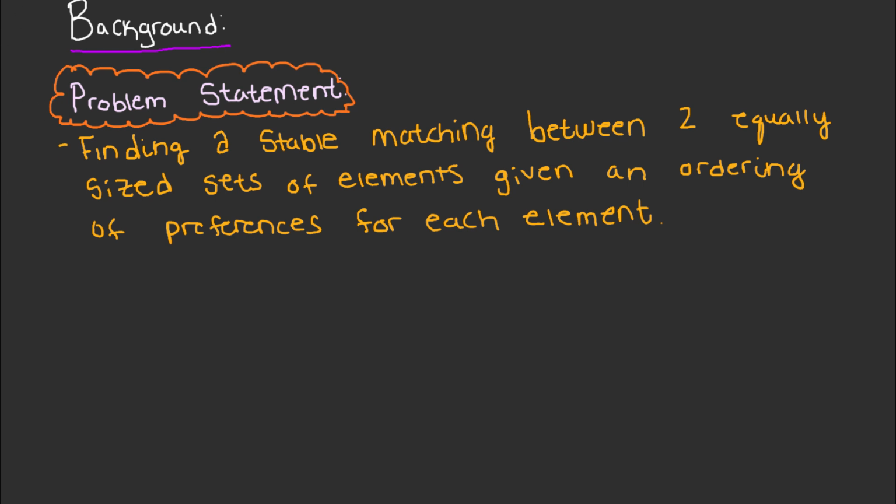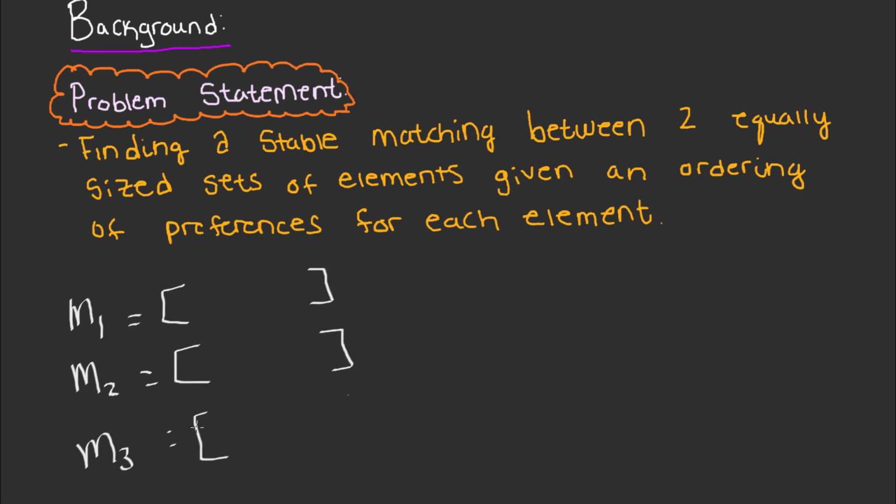So essentially, let's say we have some men: man 1, man 2, and man 3. This would represent a set of elements of men, and each of these guys would have a preference of the associated women.